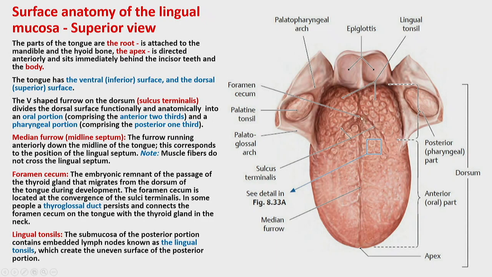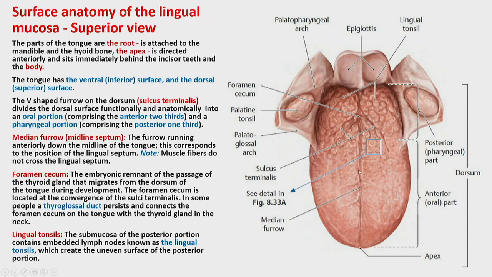In the middle of the tongue, if you pay attention, there is a shallow groove, or sulcus, called the median lingual groove, or the median furrow, which divides the tongue into right and left sides.